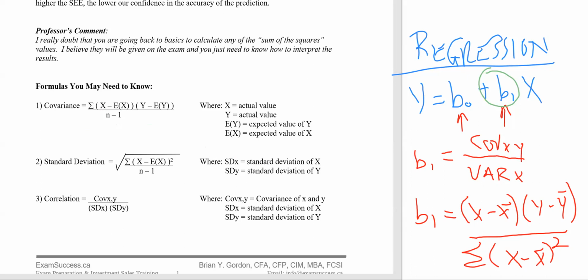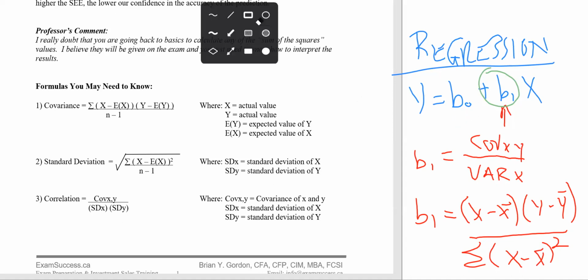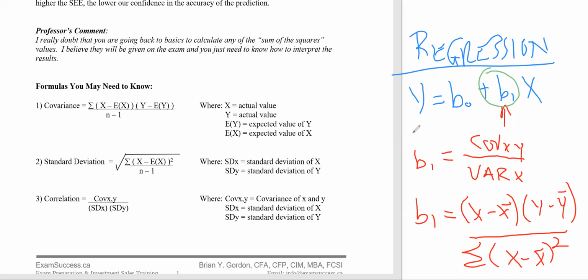I think you've got to be able to handle this formula to be able to calculate beta 1, the slope. What I want you to take away is that it could be given to you in a table format. That's why I said you've got to know how to interpret the information and the values you're given. They could simply give the covariance of X and Y and the variance of X, which is our signal for calculating slope.